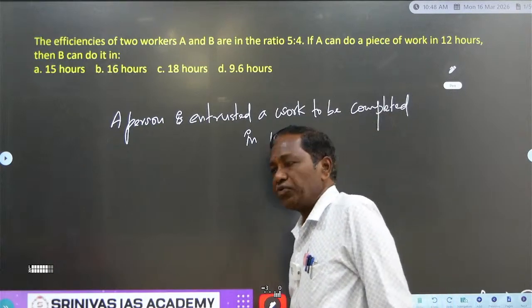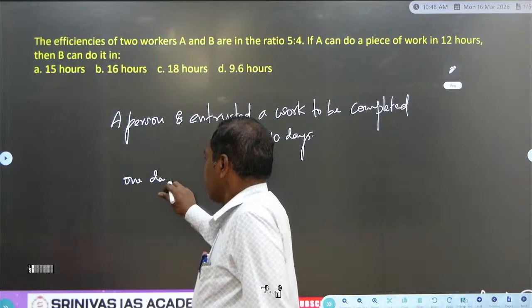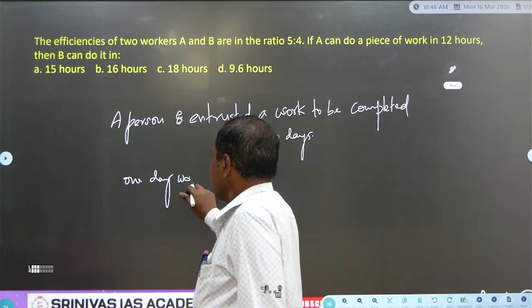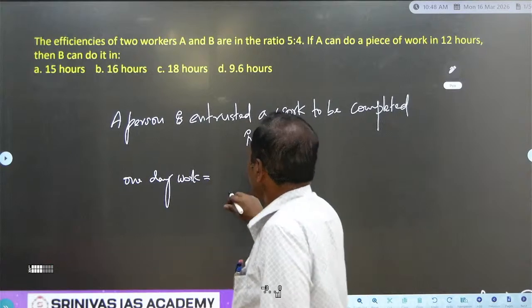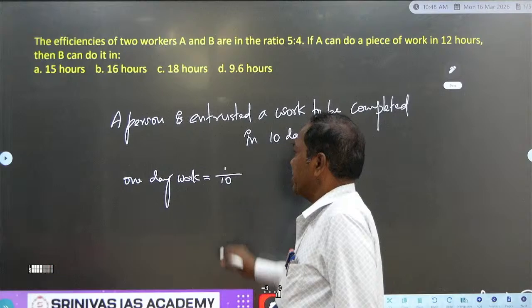So what is his one day work? One day work is equal to 1 out of the total days supposed to be taken, that is 1 by 10.